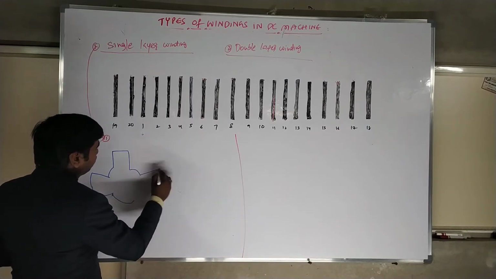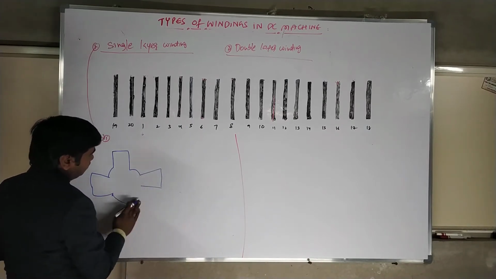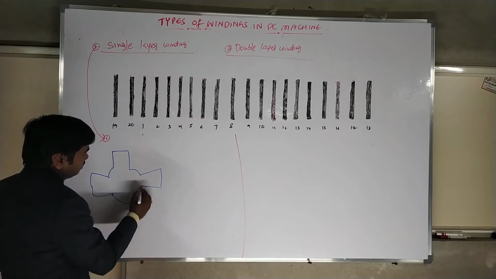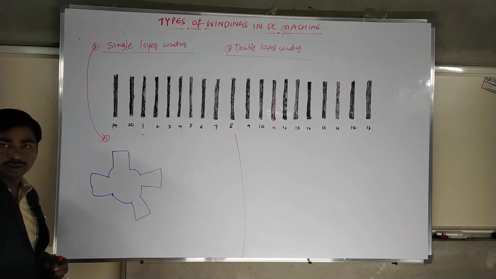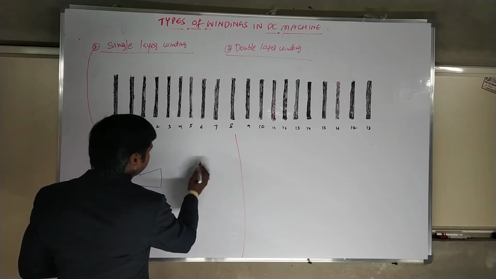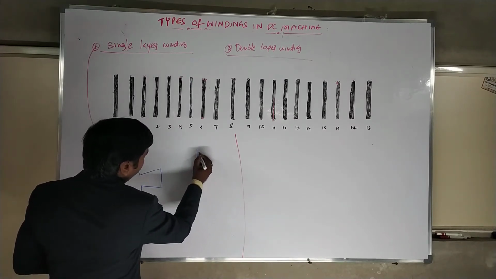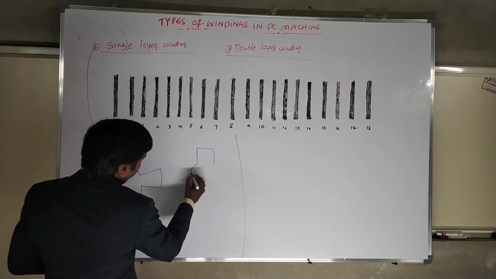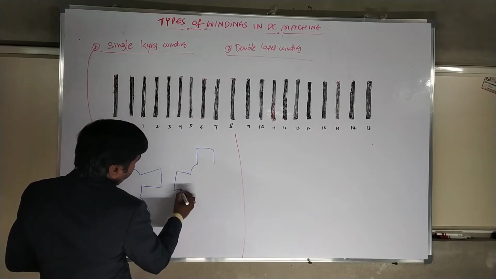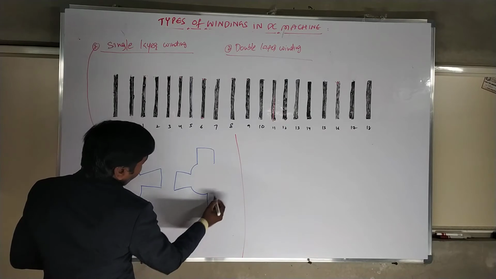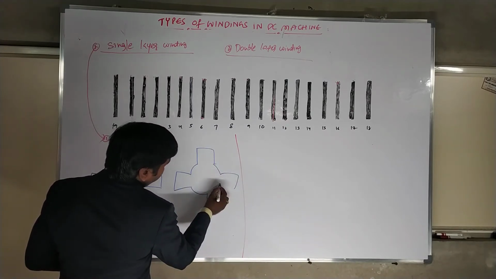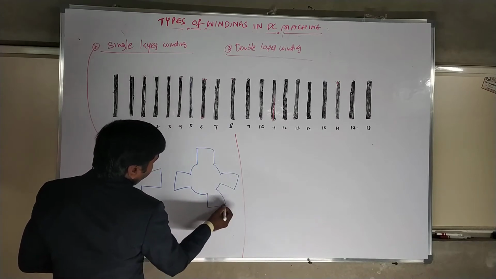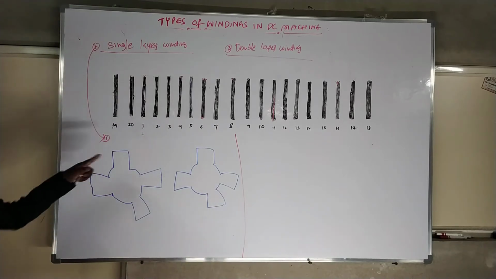I'm not very good at diagrams, but I'm good at the subject. There are two types of things possible. I am drawing it bigger because this is the important topic for us. Like this, our armature core is there.